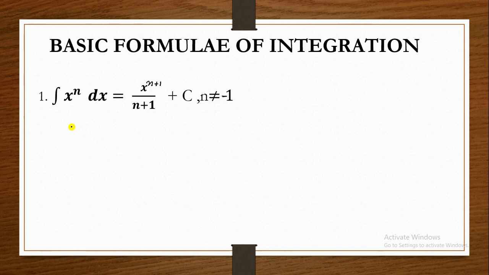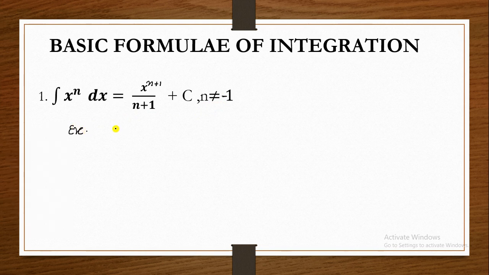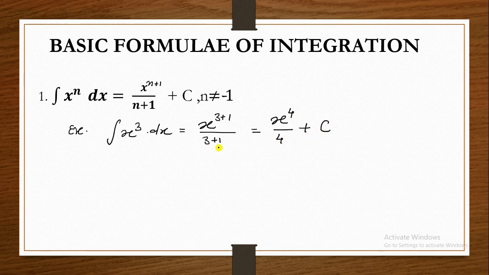For example, integration of x power 3 dx is equal to x power 3 plus 1 divided by 3 plus 1, is equal to x power 4 by 4 plus c, constant of integration.